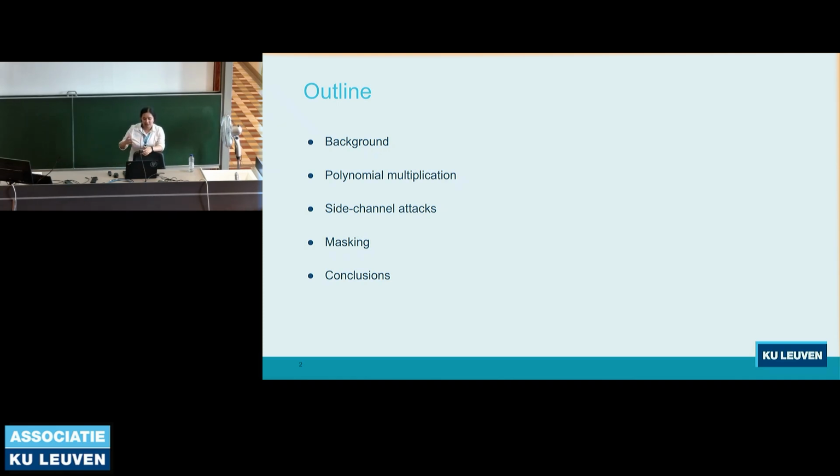That component is polynomial multiplication, just a heads up. And apart from that, I'll be covering part of what Benedict covered in the morning, side channel attacks, how they are exploited in post-quantum schemes, because we are talking about implementation challenges, right? And then how we make sure it remains secure, and some conclusions.